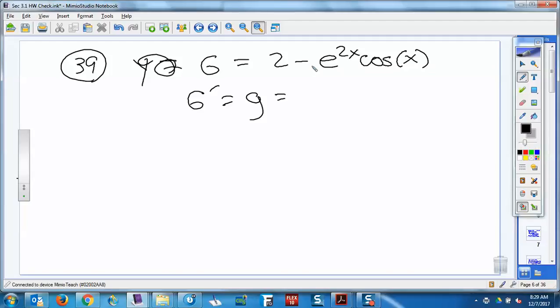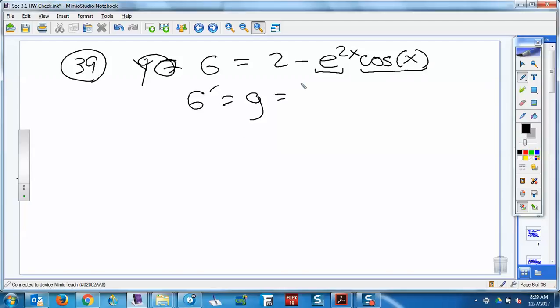And then here's what I would always do. This minus sign I would treat as a negative that is attached to the e. So now when I do my u and my v for my product rule here, I'll always keep that negative with that. Otherwise, if I did this as my u and this is my v, then I've got to remember to distribute that negative, and invariably we forget.